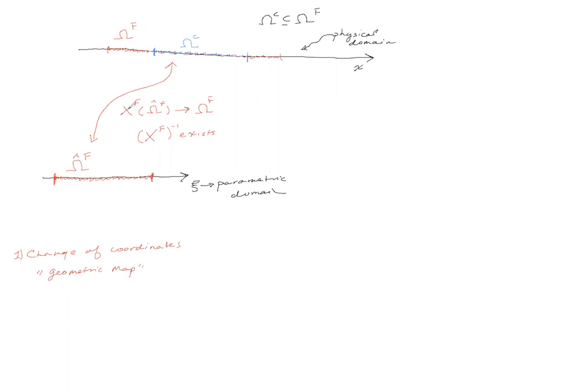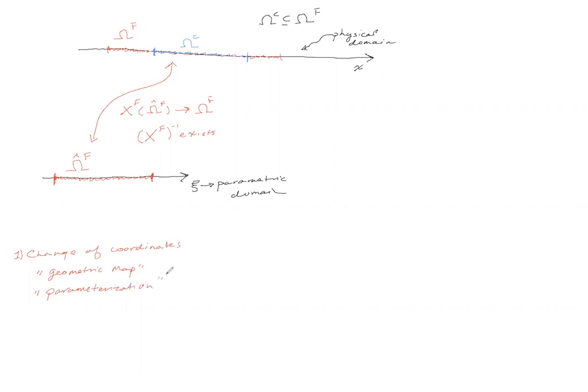Okay, because in some sense, this map is what's defining our geometry. So you'll start with some parametric domain, and then you'll generate geometry from the parametric domain by defining this map XF. So it's sometimes called the geometric map. From a mathematical point of view, it's also called a parametrization.